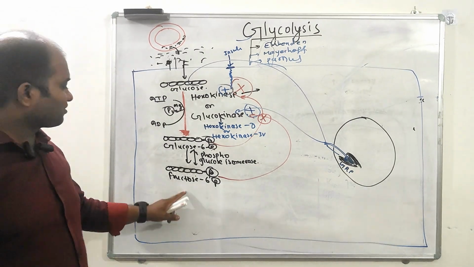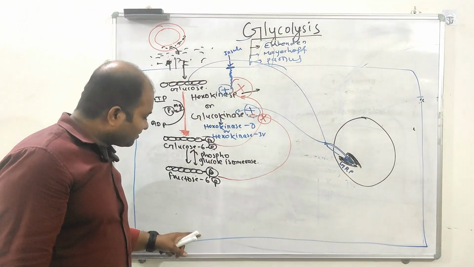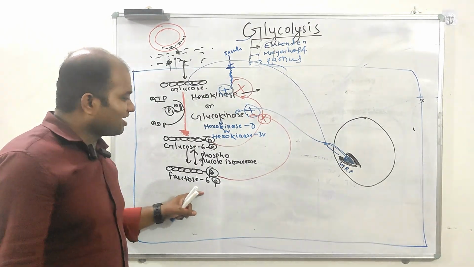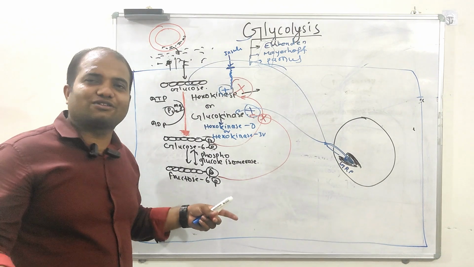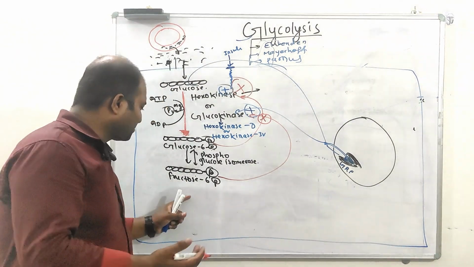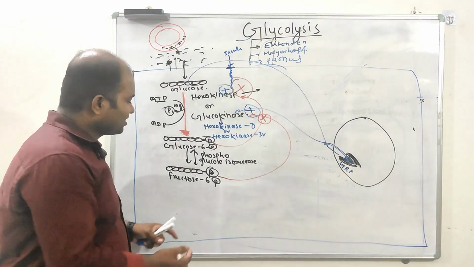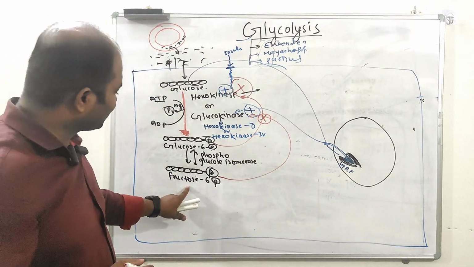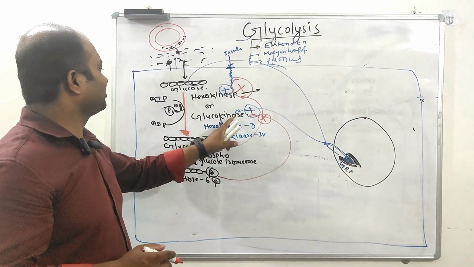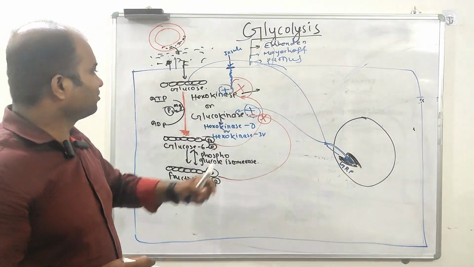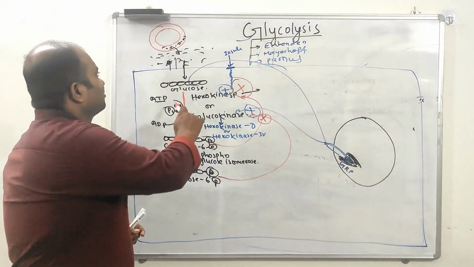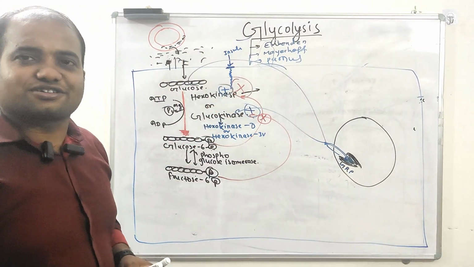Once enough ATP is produced in the later phase of glycolysis, the cells become lazy to run in the forward direction, and then there will be accumulation of fructose 6-phosphate, right? And once that accumulation starts, they will inhibit this glucokinase, so that further oxidation of glucose should not occur, and glucose should be released back into the bloodstream.